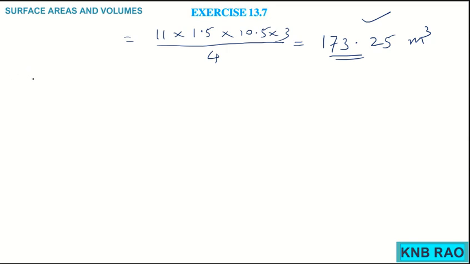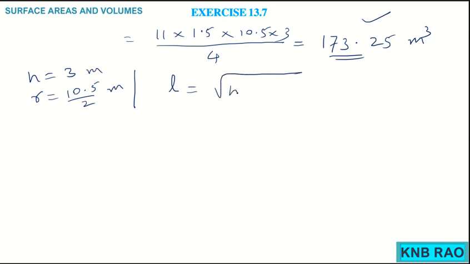Here H value we know as 3 meter, radius value we know as 10.5 by 2 meter. From them we have to find out L value. So, L is equals to root under H square plus R square.